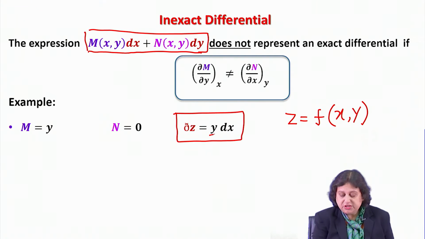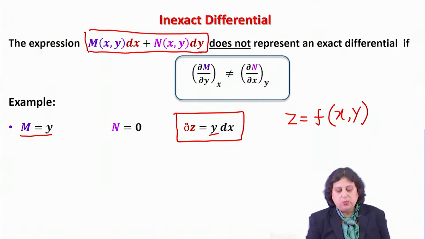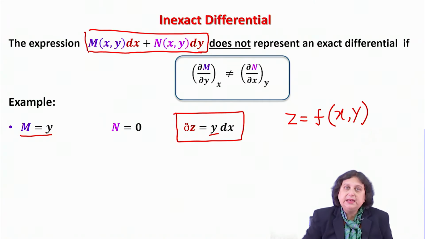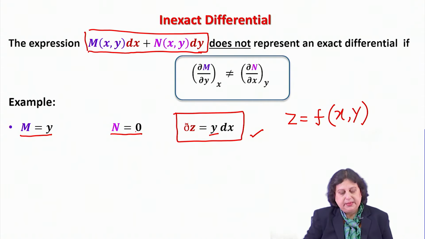So here the coefficient of dx is y. So I write down that m is equal to y. Now, do you see any term dependent on dy in this expression? The answer is no. And therefore, what is the value of n? The value of n is n equal to 0.